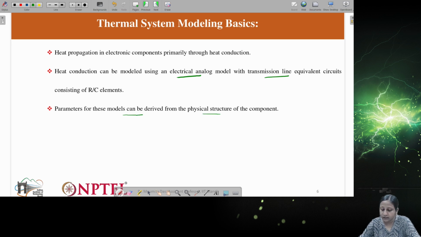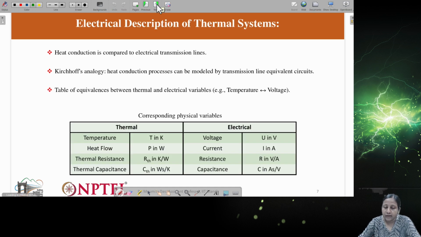I am going to discuss how we can model these thermal parameters by considering similarity with the electrical parameters.